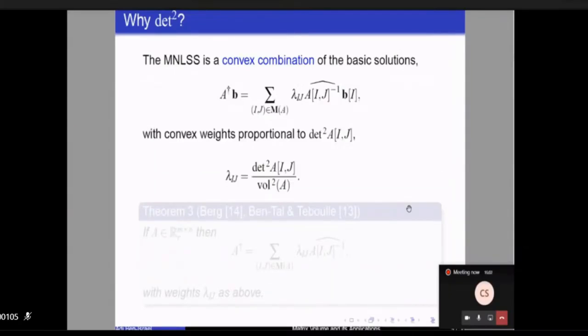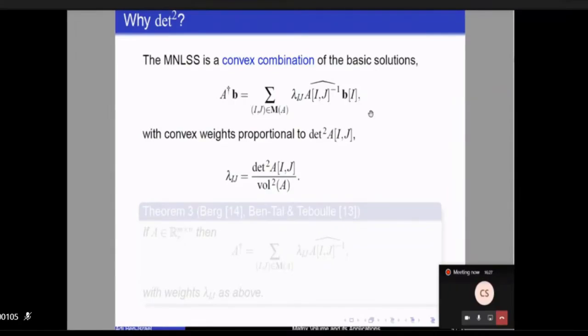The minimal norm least squares solution, which is the Moore-Penrose inverse of A times the right-hand side vector B, is a convex combination of the basic solutions. The basic solutions are obtained when you restrict the equation Ax = B to the maximal non-singular submatrices and the corresponding portion of the right-hand side.